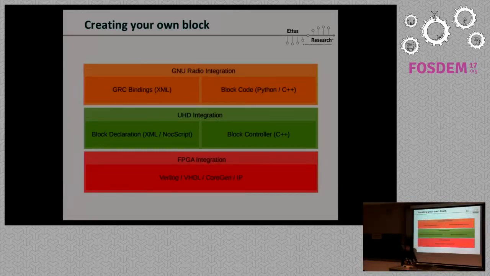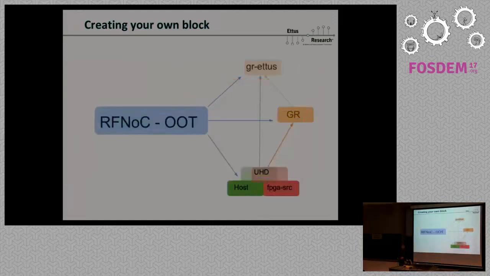But what happened? Like 1 year ago, actually you had to know also where those files were to be put. And that was quite a challenge. You had to know where Vivado is going to look for the Verilog. You had to know where UHD is actually taking the block controller from. And you had to know what your eDocs is first. Your eDocs is actually the out-of-tree module for RFNoC that eDocs provides.